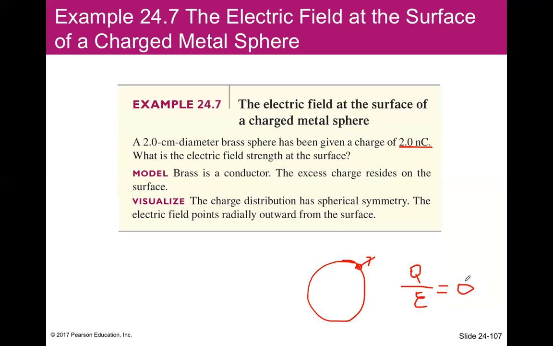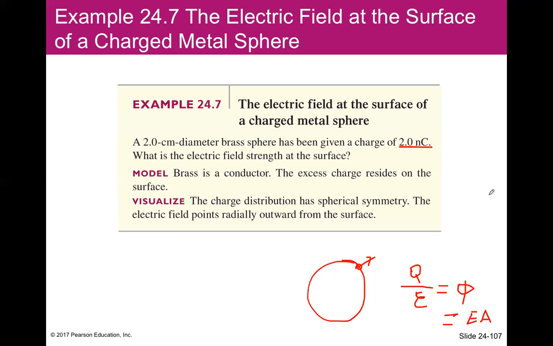How to calculate the flux? It's E times A. A is the surface area of a sphere. How to calculate that? Right, 4 pi r squared. You know A, you know Q, you know epsilon, then you can calculate E. This is the first way of solving this problem.